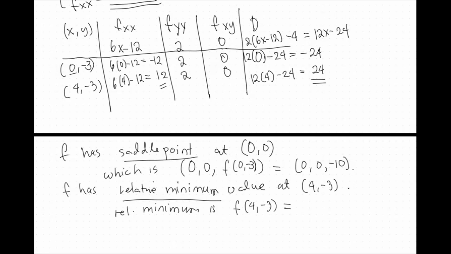And again, as I mentioned, this is long. So here we get 4 cubed plus (-3) squared plus 6 times 4 squared plus 6 times -3 minus 1, which is just -42. So the relative minimum is -42.